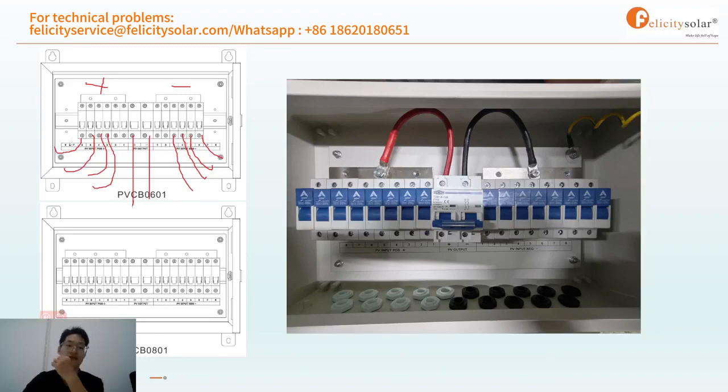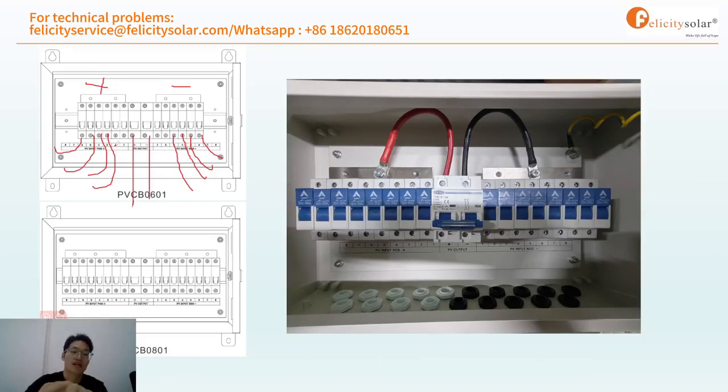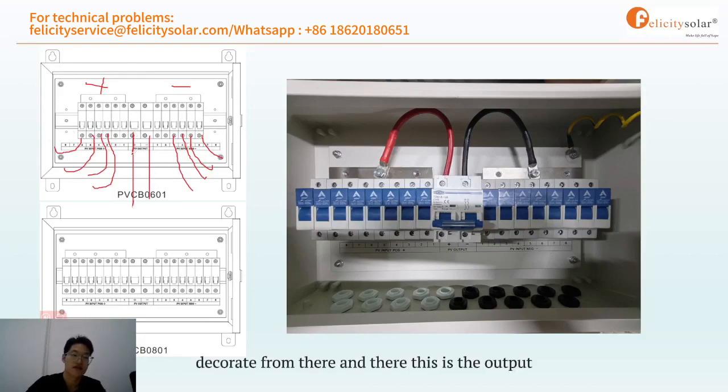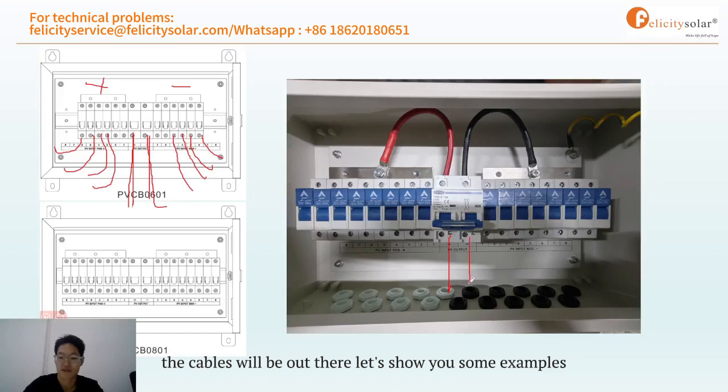These are the cables from the PV, and they are connected in there, and this is the output. Just like this, you can see that's the positive and the negative. The cables will go out there.